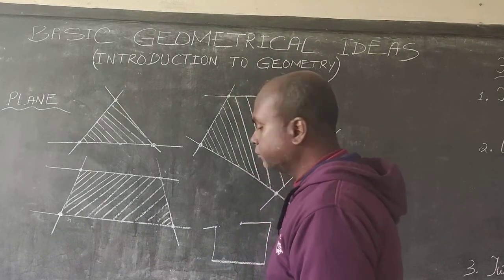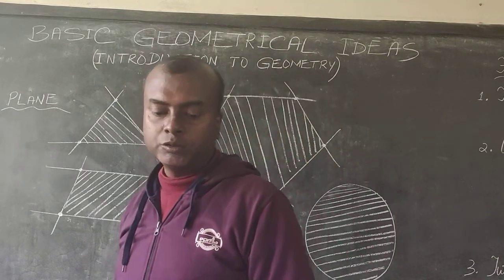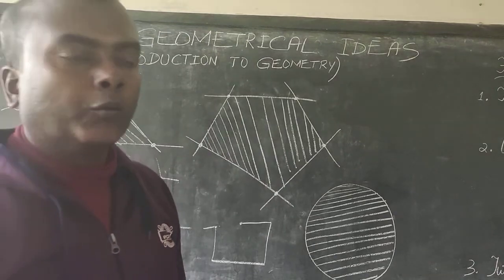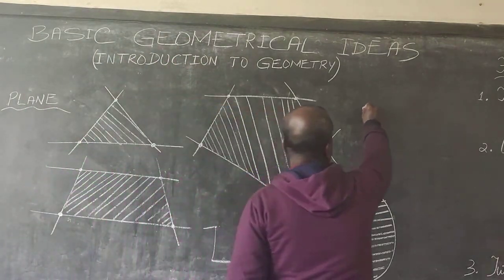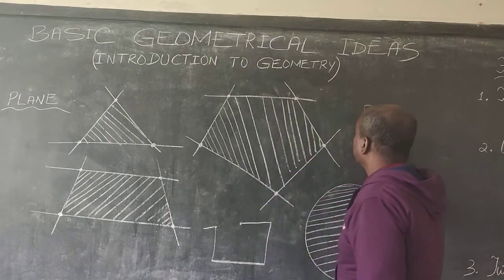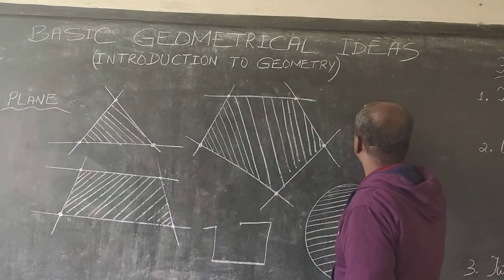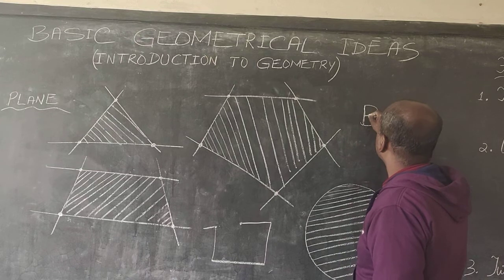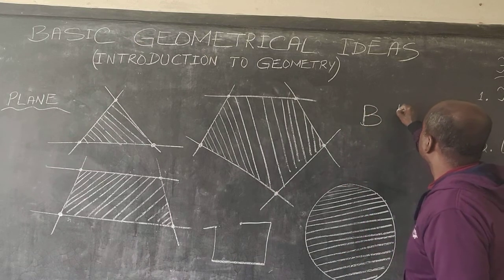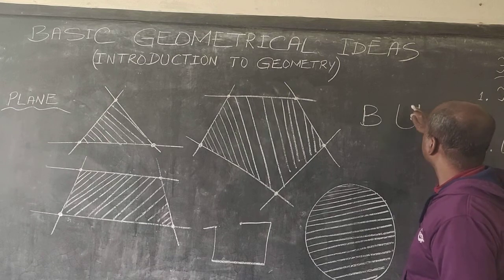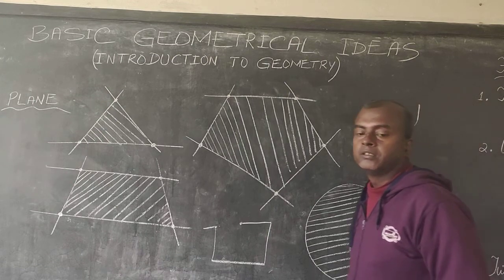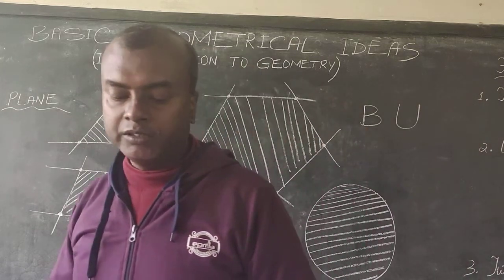So, in regards to that, the next topic is open and closed figures. This is an example of an open figure. This is a closed figure. See, all lines are connected to each other, no gaps. Open figure, see, capital U is an open figure. Like that, you can have many figures.